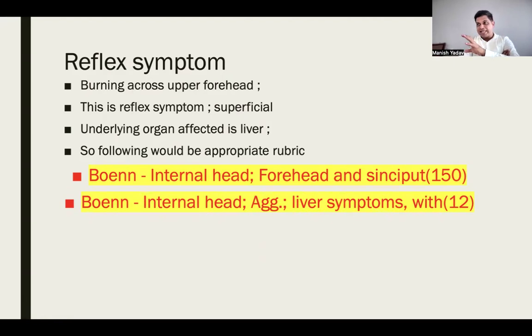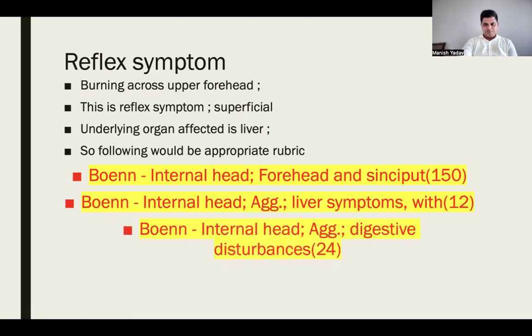Once you understand that this patient has headache, but his liver is congested, inflamed, affected, this is the apt rubric other than taking burning in the forehead. This is like a modality, which takes consideration of the cause also. There's one more rubric: internal head aggravation, digestive disturbances. So you can combine both.